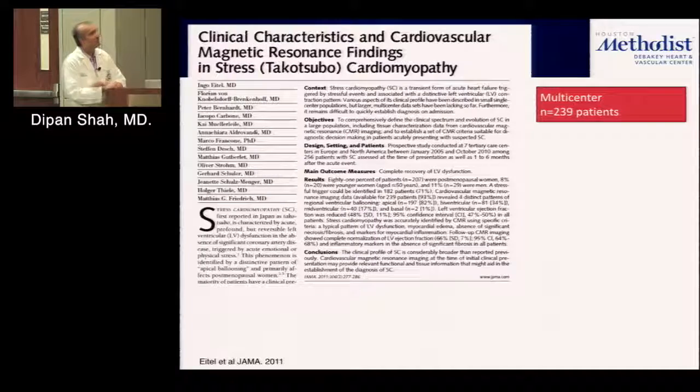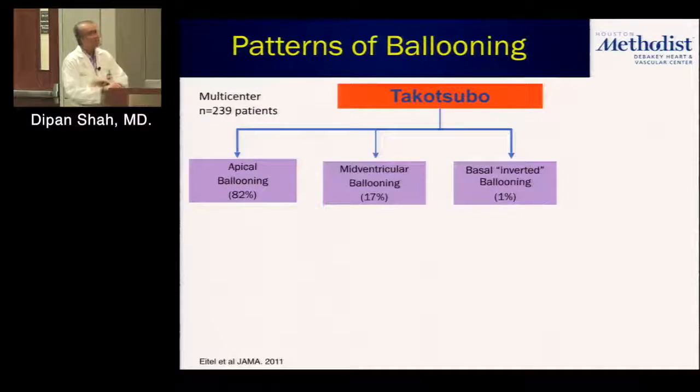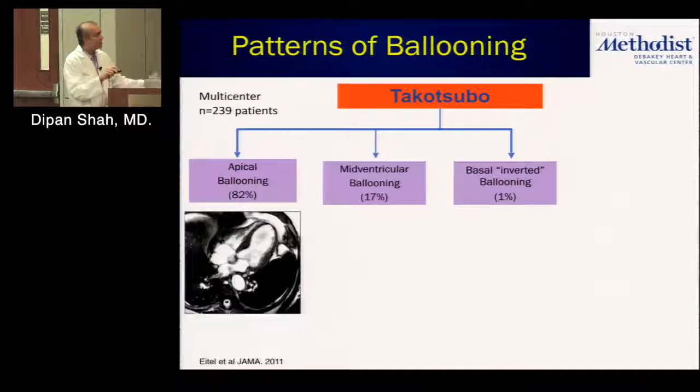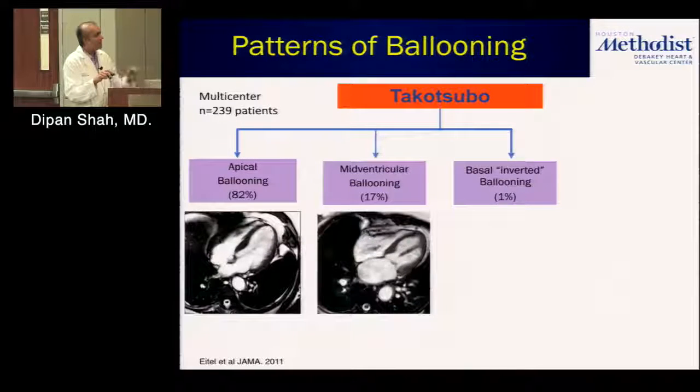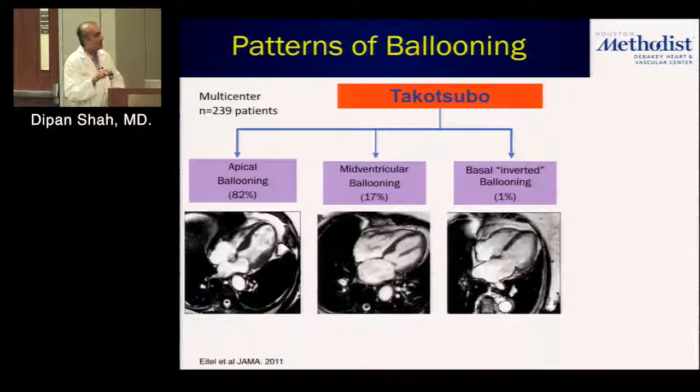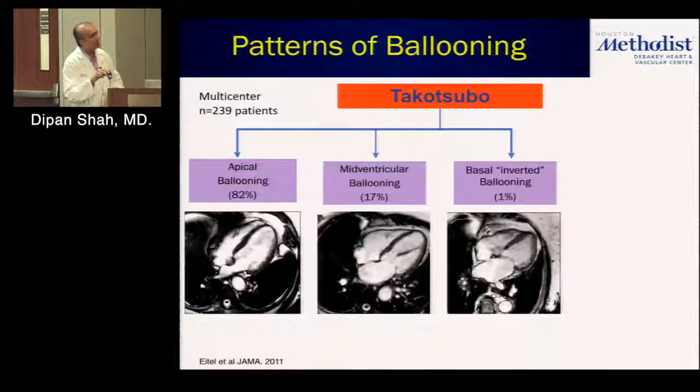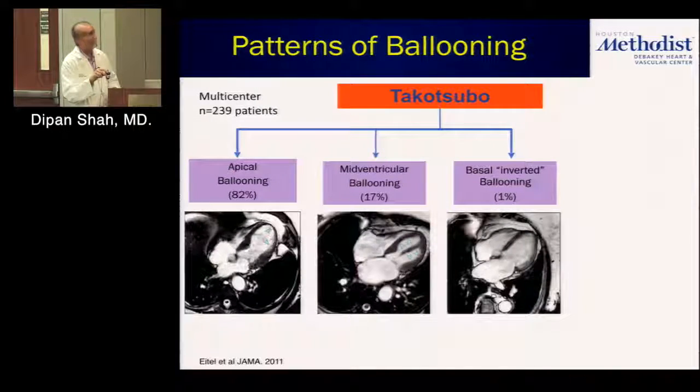There's actually a very nice, elegant CMR study which came out a few years ago, which was a multi-center experience looking at a series of patients, close to 240, that presented with Takotsubo's, or suspected Takotsubo's. And what they found, interestingly, was that although most patients had the classical apical ballooning pattern, where you see the apical segments being affected, in their cohort about 17% of patients had more of a mid-ventricular ballooning pattern, and a small minority, 1%, in fact, had more of a basal inverted ballooning pattern.